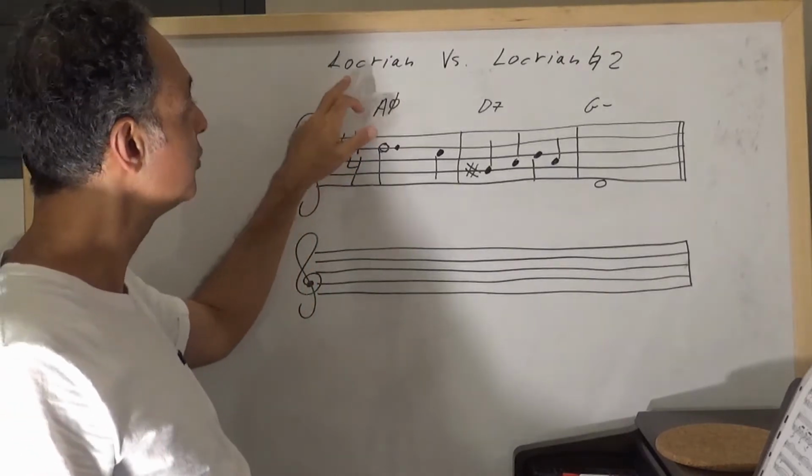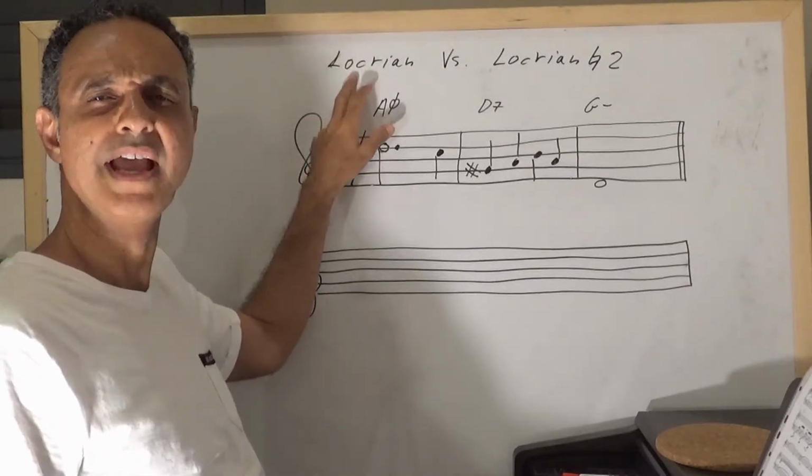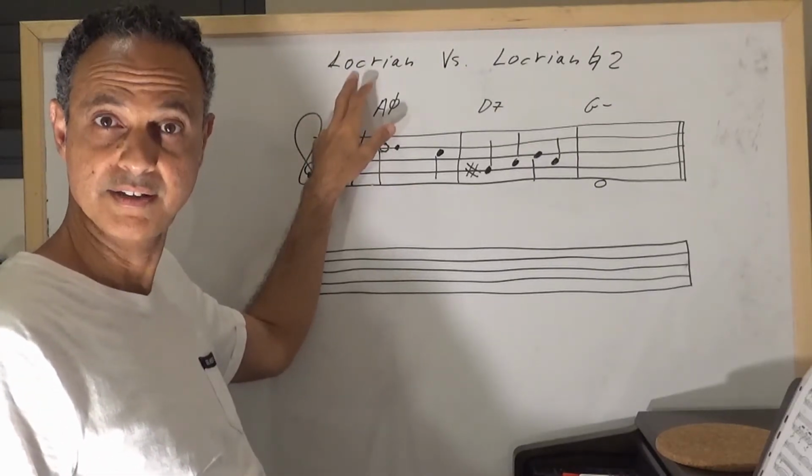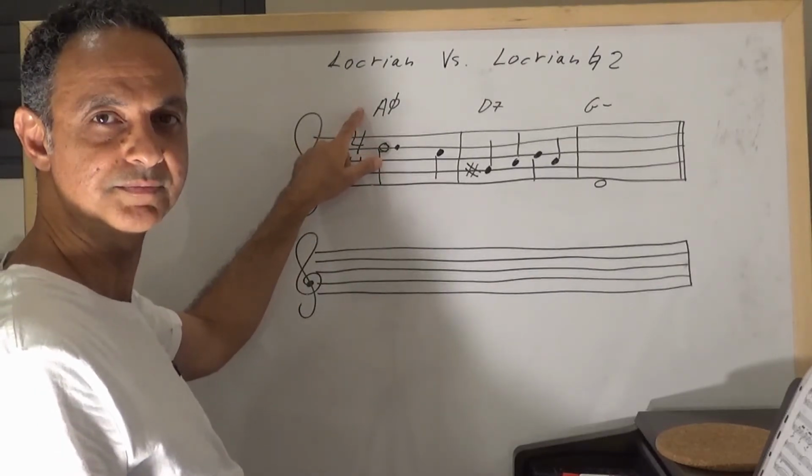Let's write down the notes of the Locrian scale over here, starting from the note A. Why the note A? Because here we have A half diminished.